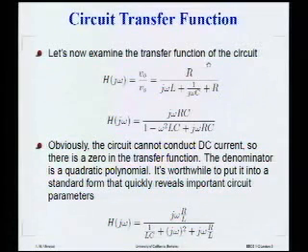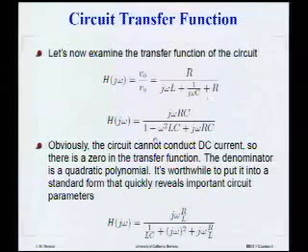We can define the output voltage to be the voltage across the resistor and find the output voltage as a function of the input voltage, the source voltage. Now, because the same current flows through the entire circuit as it flows through R, we can see that I drops out, and this is just Z of the series RLC circuit. And we can multiply numerator and denominator by j omega C, and we have this expression here.